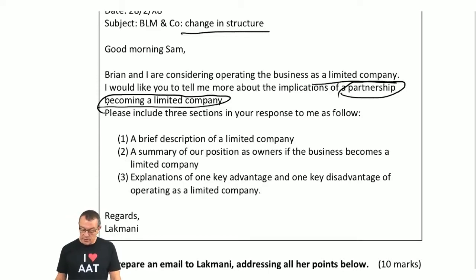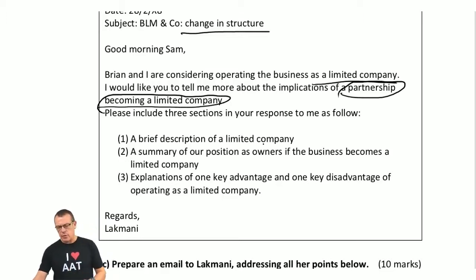So the 3 things that you need to include here: we need to include a brief description of a limited company, a summary of our position as owners if the business becomes a limited company, and explanations of one key advantage and one disadvantage of operating as a limited company.